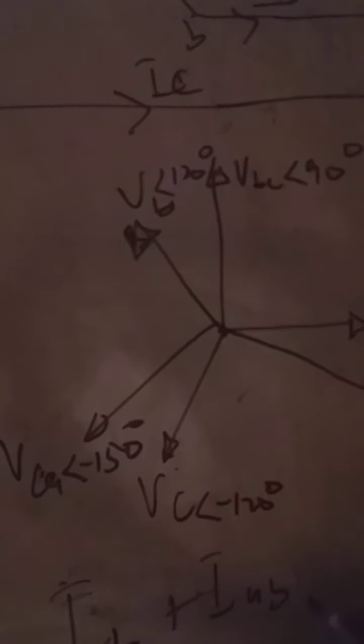So using Kirchhoff's current law, IB plus IAB minus IBC is equal to 0. So that means our IB is equal to IBC minus IAB.